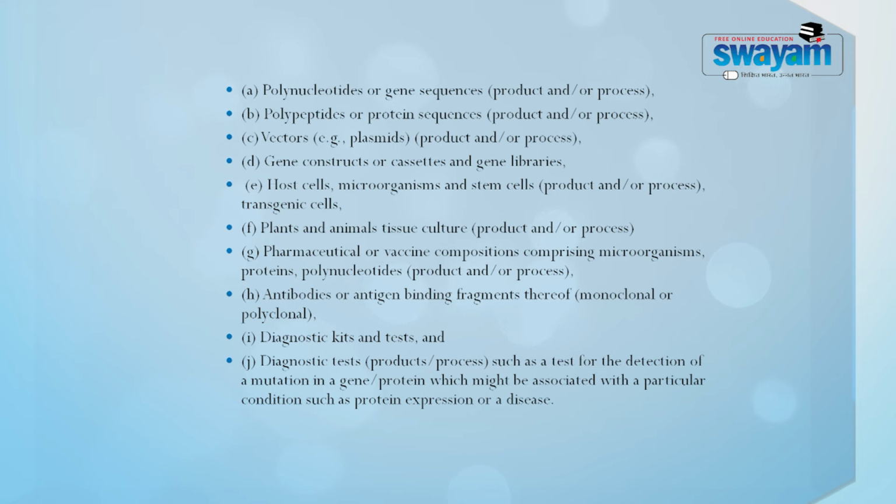Now, these diagnostic kits or tests can also be in the form of process claims, and as we shall see from cases, these claims have been heavily contested in different jurisdictions, and the Patent Office has made a humble attempt to come out with certain guidelines which provide a framework for biotech applicants in India.